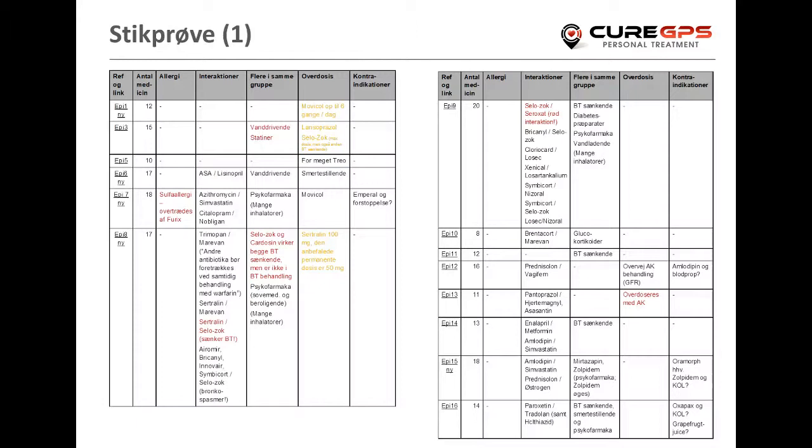Just to show you what we have accomplished at this point in Denmark. Now this is in Danish, but each line constitutes a patient, and you can actually see that we find many errors. The point is that the red ones are serious errors, the yellow ones are medium errors, and the black ones are light errors.